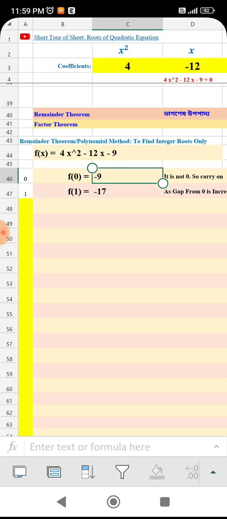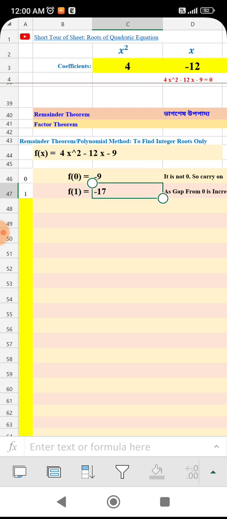Do it manually. Thereafter, we put the value of 1, so it is coming -17. So you see this is -9, this is -17.